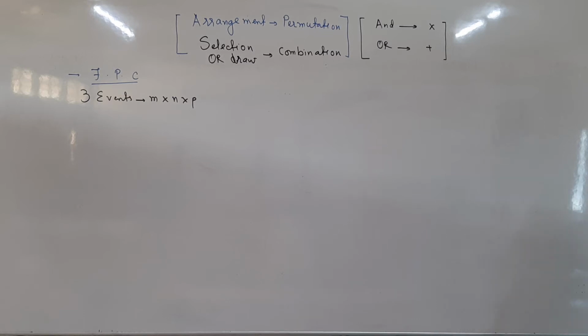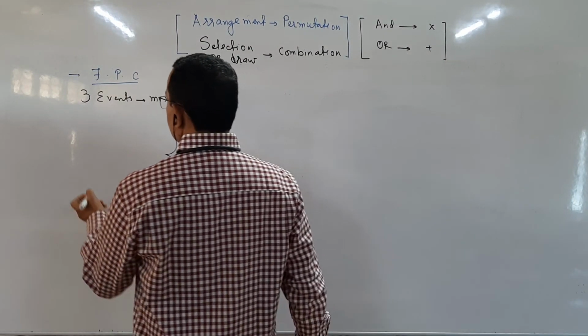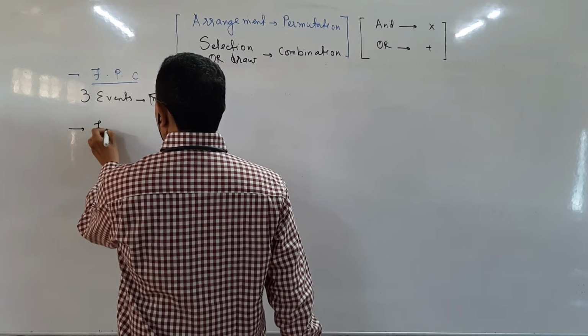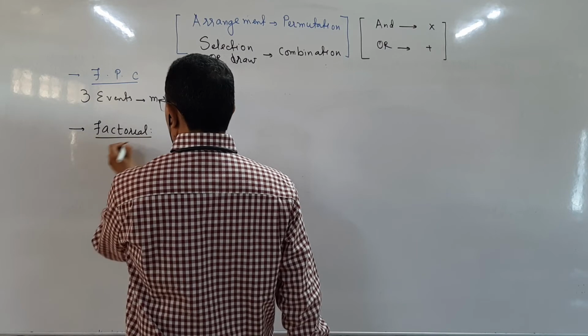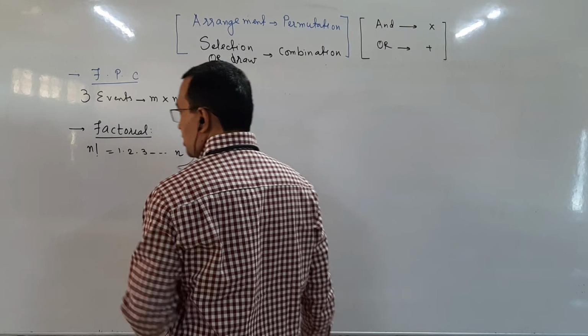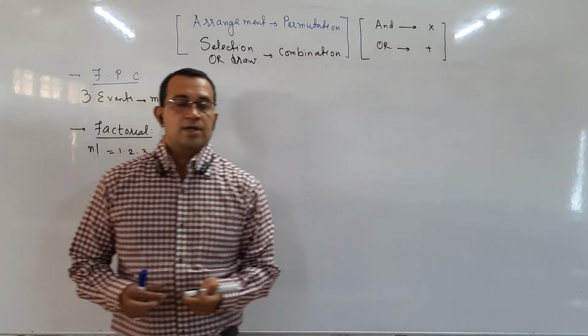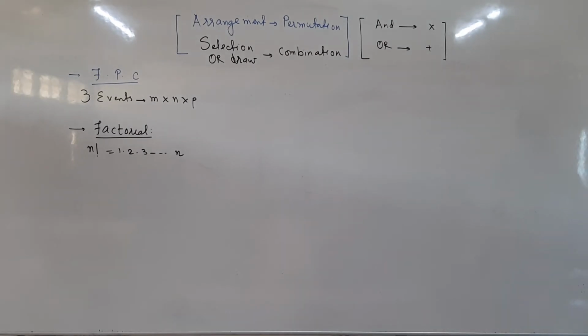Then, students, we have the concept of permutation. And before that, let us go for factorial notation. What is factorial? The product of first n natural numbers is defined as n factorial.